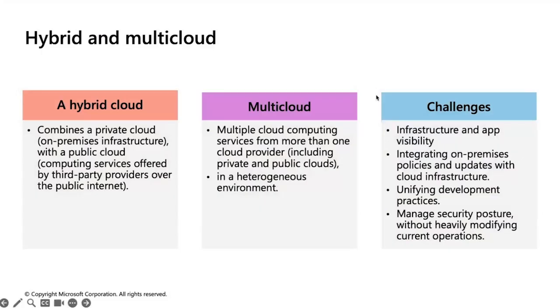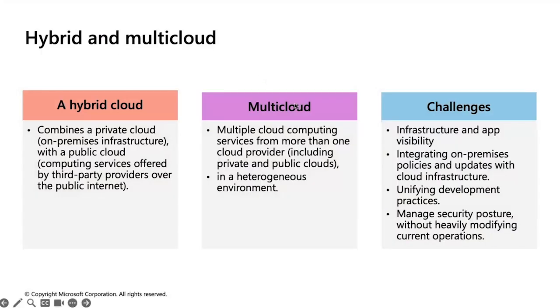Hybrid cloud is a combination of private cloud, especially the on-prem infrastructure, with public cloud, where we have computing, networking, and storage services provided by any cloud provider. When we combine these two, we get a hybrid cloud design that we can utilize for many different kinds of solutions and services, for coexistence and for migration.